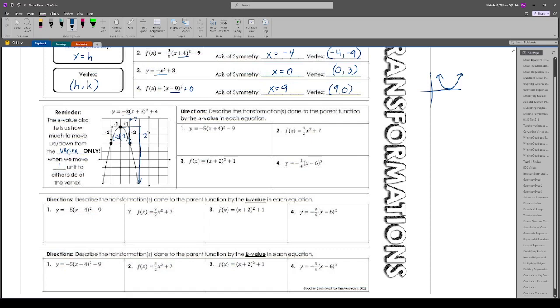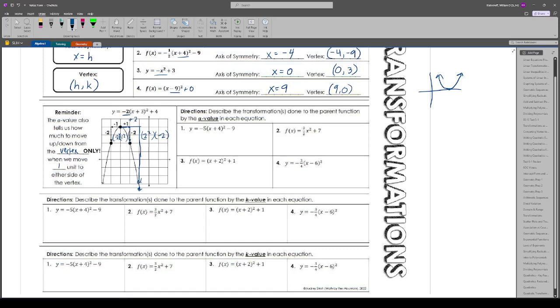Here we would go 2 squared times negative 2, so we would go down 8 units. 1, 2, 3, 4, 5, 6, 7, so it would be the very next line down here is where we would run into. Okay?